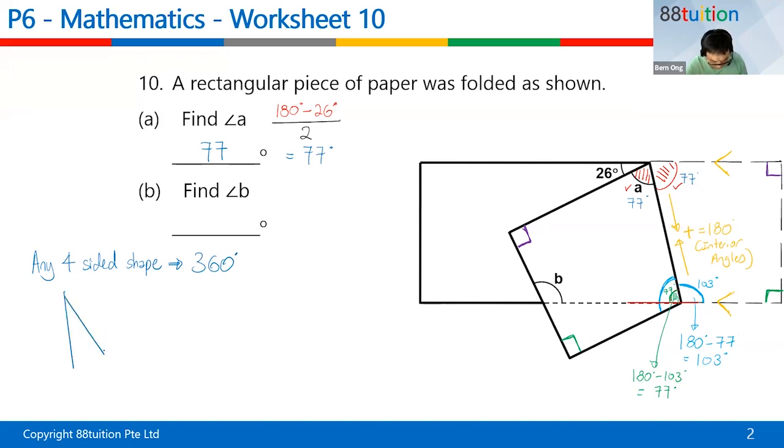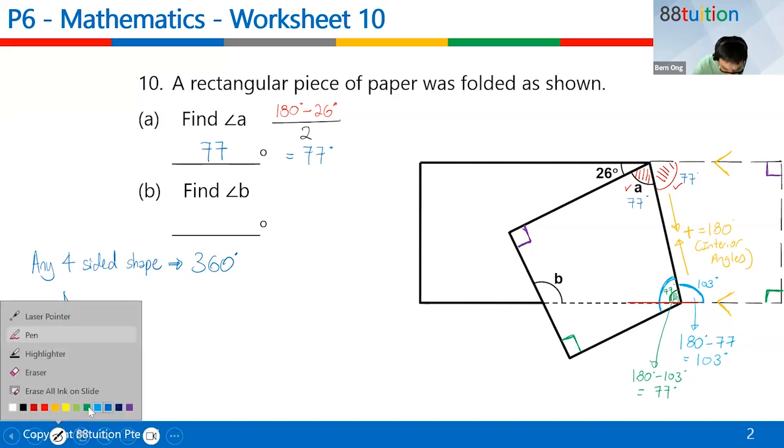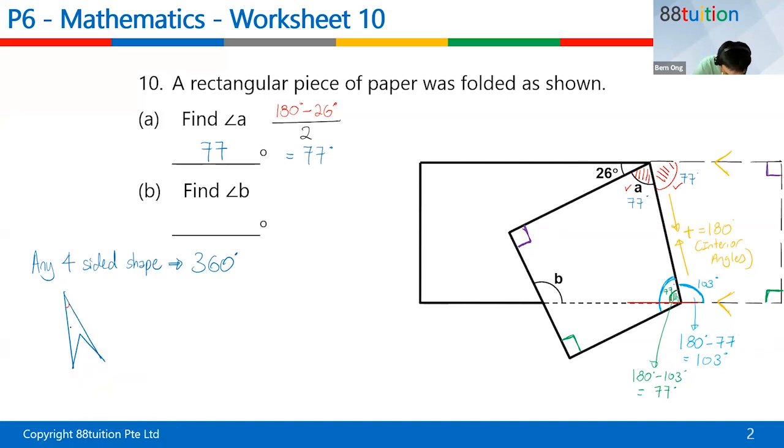Look, 1, 2, 3, 4. Do you know that this is a four-sided shape, which means that the angles inside here, number 1, number 2, number 3, and number 4 must add up to 360. Any four-sided shape.